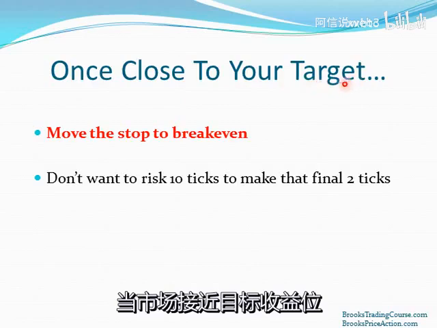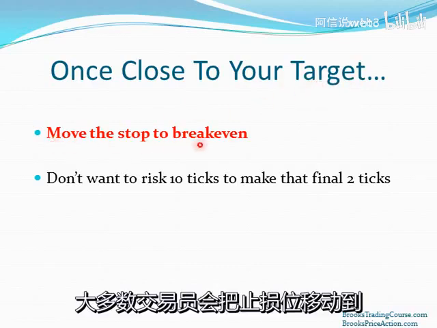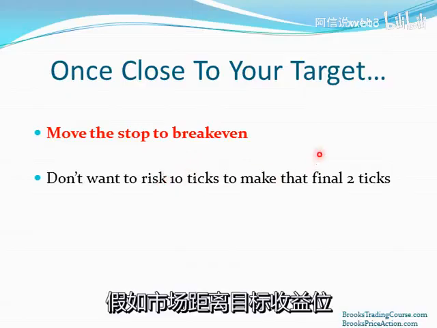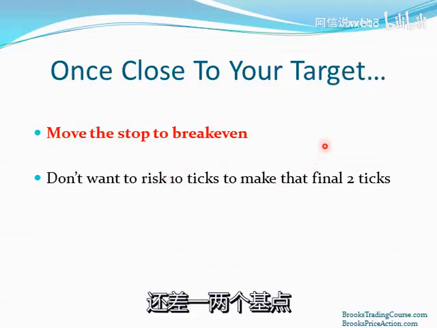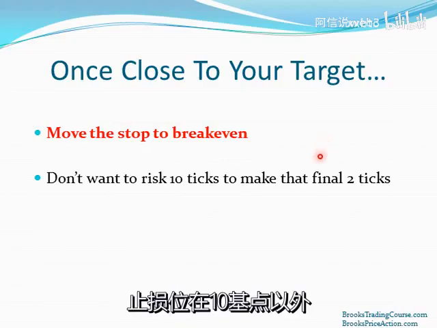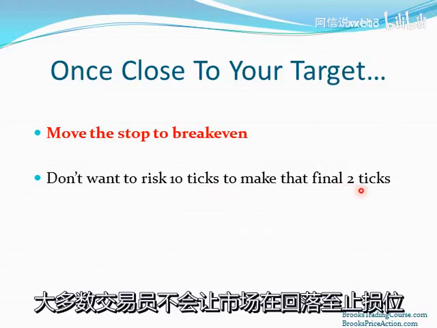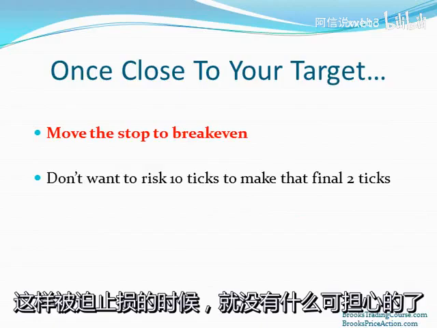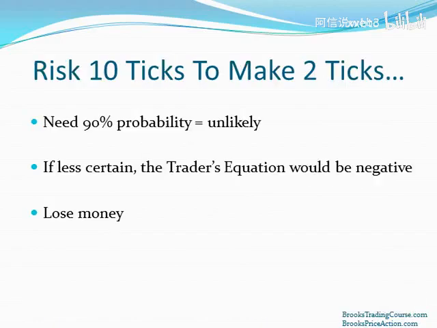Once the market gets close to your target, most traders move the stop to break even. For example, let's say the market's within a tick or two of hitting your profit target, and your stop is now 10 ticks away. Most traders will not allow that to happen. They'll move their stop to break even, and if they get stopped out, they don't worry about it.